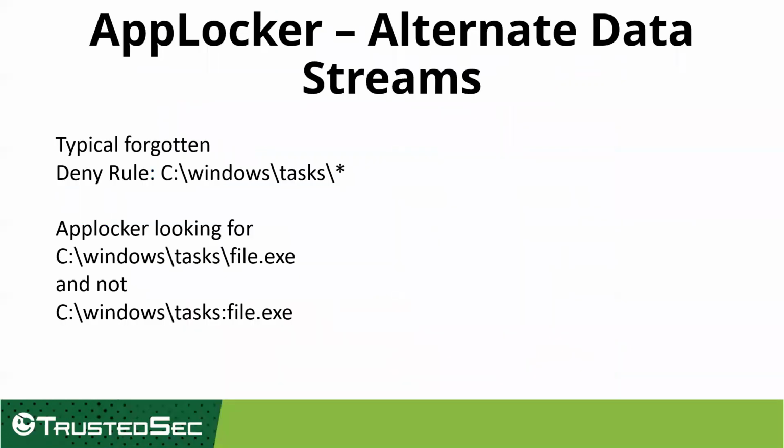And another typical thing I see in terms of bypasses is that people forget something called alternate data streams. That's an NTFS thing. So normally when you create a deny rule, let's say you don't want binaries to execute from C:\Windows\Tasks, you create a deny rule where you say Tasks\*.